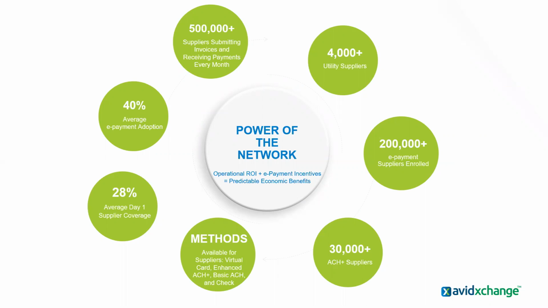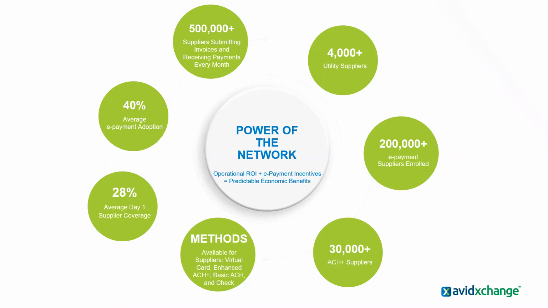And what does it mean to you? Why does that benefit you? Since we have over 500,000 vendors in our payment network, the likelihood of your vendors in our network is very high. So the transition is very easy. And you don't have to transition these vendors.